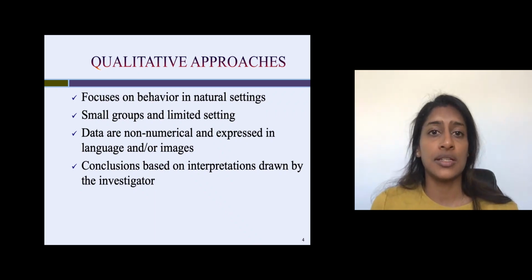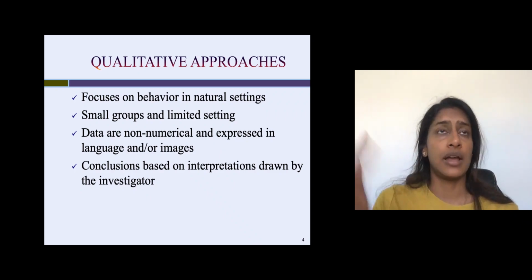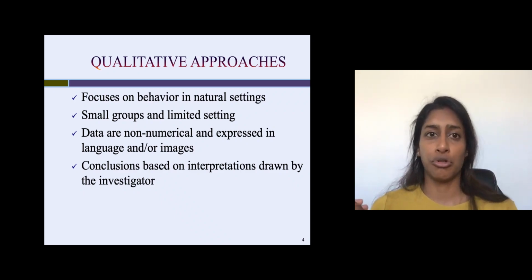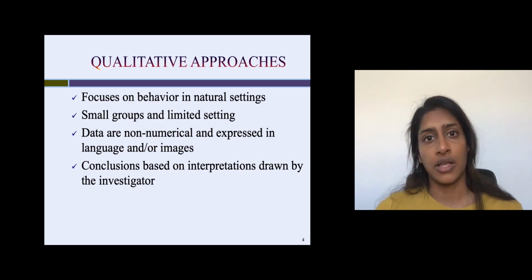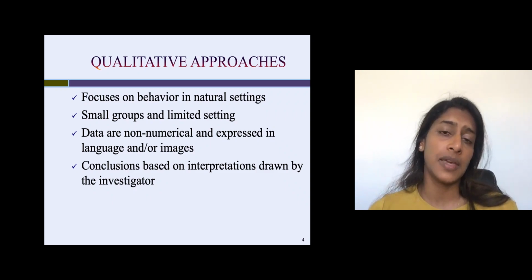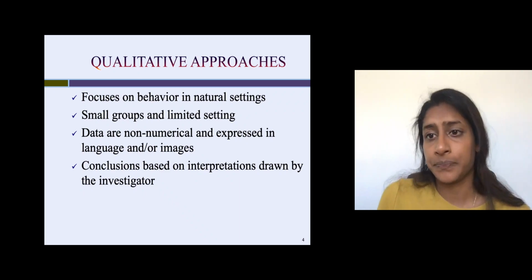And the conclusions that we can make as a researcher are going to be individually dependent. So unlike with a numerical value where I've got a number and I use stats and it is going to tell me, this group scored higher than this group, I don't have that with a qualitative approach, right? So now the interpretations are going to be based on the researcher and what the researcher sort of sees.